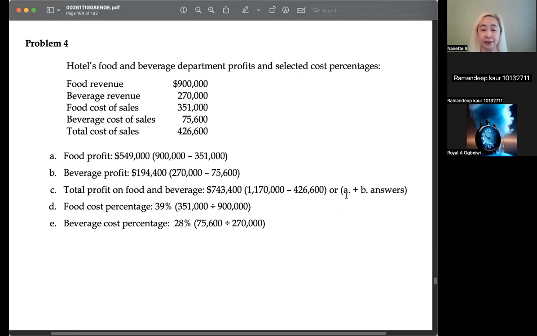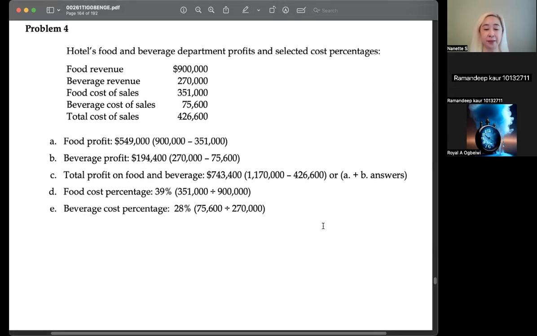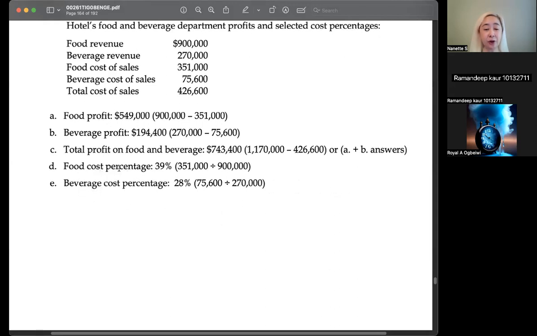So here the answer for A and B: you add 549,000 plus 194,400, and then you lessen the total cost of sale. That would give you 743,400. In this case, the food cost percentage is 39%.